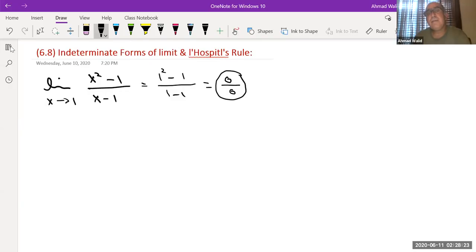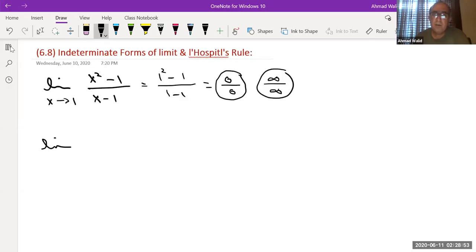If your limit is in the form of 0 over 0, or after plugging in you end up with infinity over infinity, we call these forms indeterminate forms of limits, correct? Before you learn a new method, remember you can deal with this problem after you end up with 0 over 0 this way.